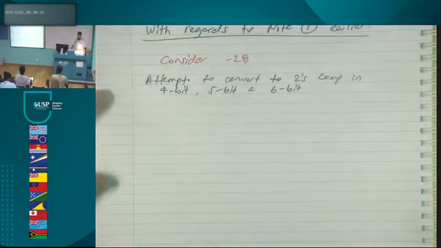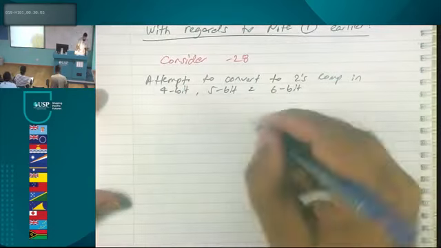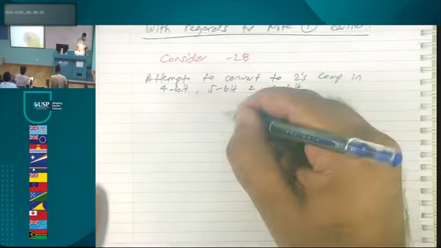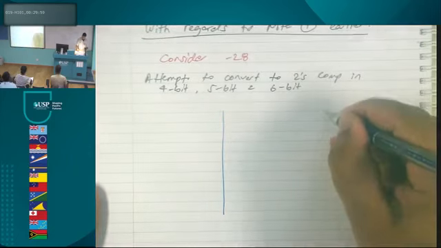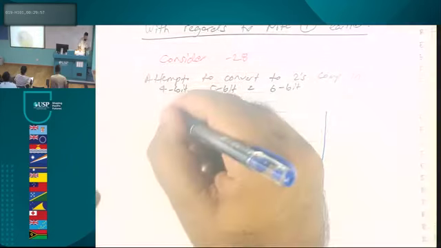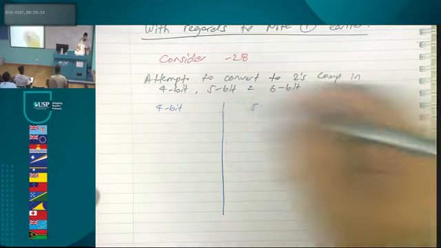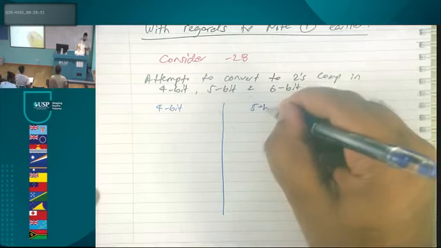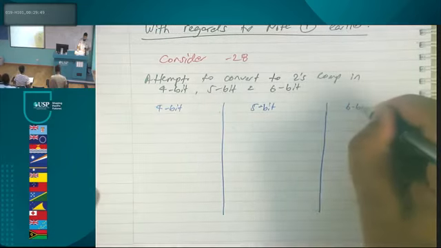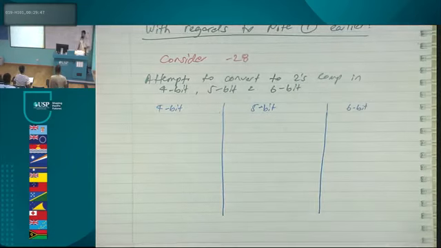All right. So let's pull some lines. 4-bit, 5-bit, and 6-bit. And I want you to see the evolution.